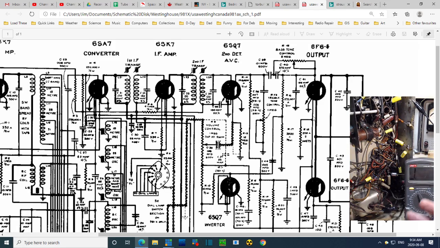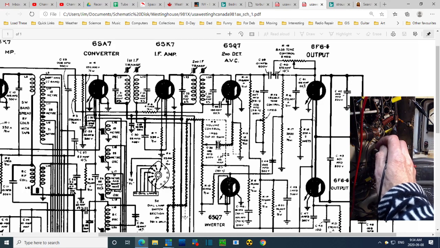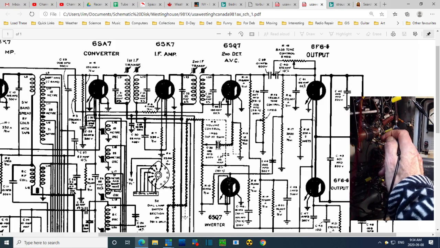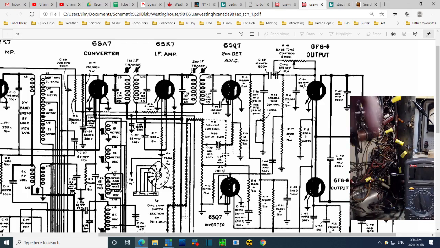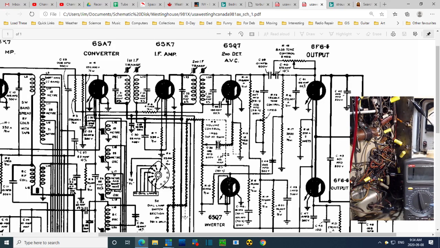Now, there's another big guy here. Let's see what he measures out at. More than 2,000. Pretty sure I've got it up here.